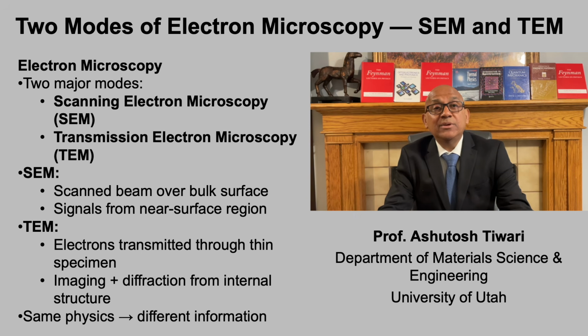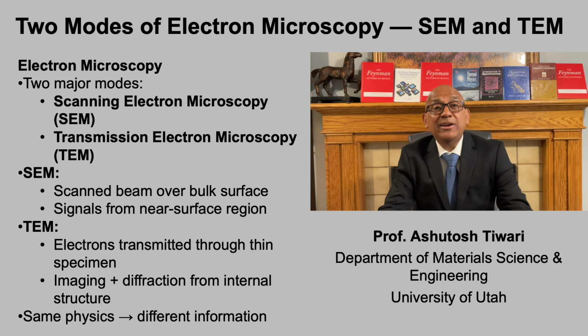In TEM, the approach is fundamentally different. Electrons are transmitted through an ultra-thin specimen, typically less than 100 nanometers thick. The transmitted and diffracted electrons are used to form images and diffraction patterns that reveal the internal structure of the material at nanometer and even atomic scales.